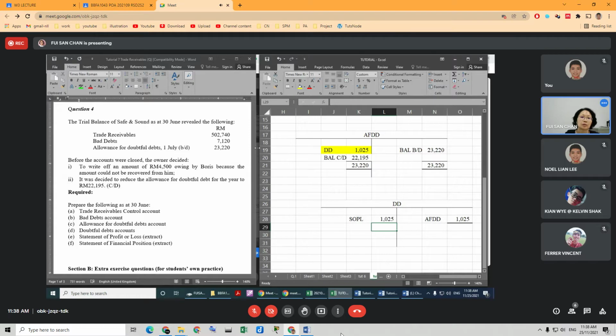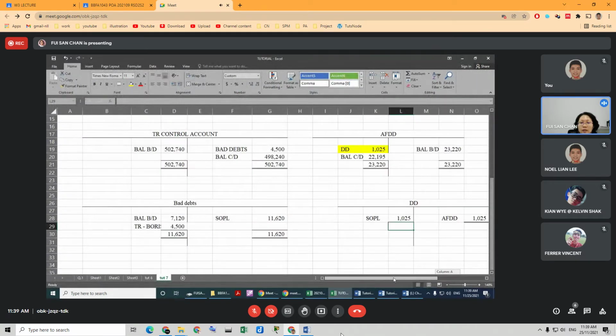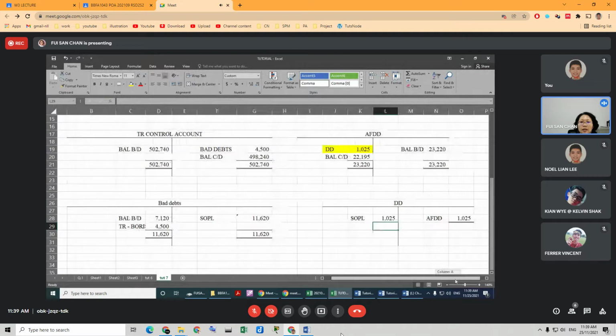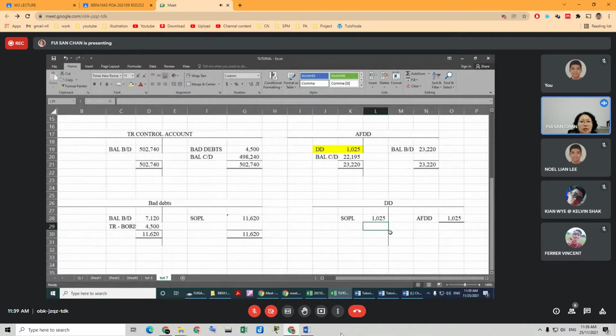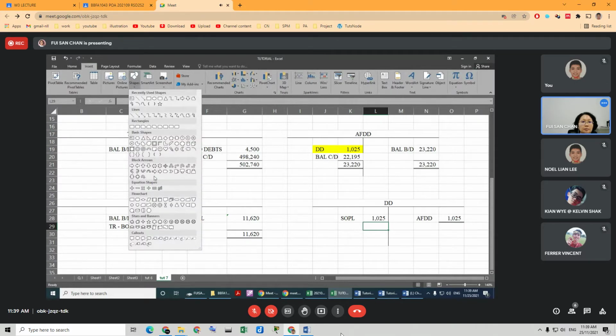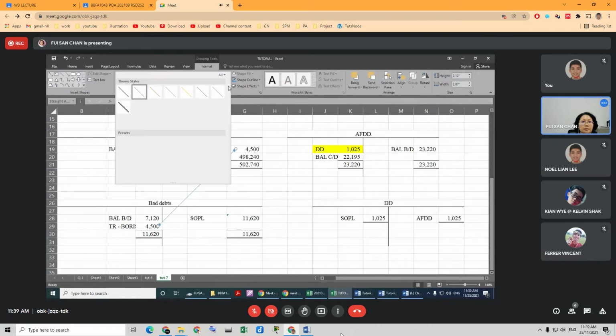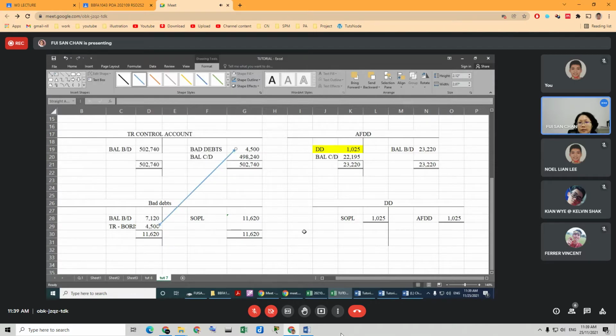All right. So now you see all the left, E and F. Okay, so if I show you everything, the whole thing like this, right? Yeah, you can see your double entry, right? Now see the double entry from your bad debts. Okay, bad debts double entry is here, right?